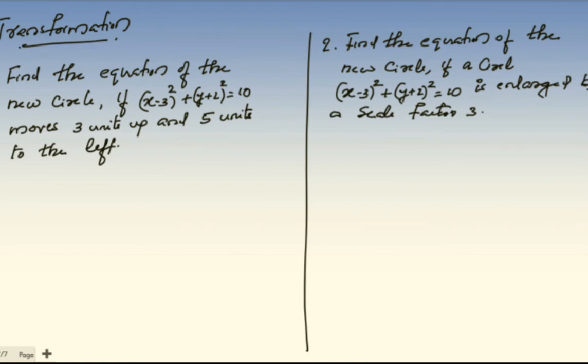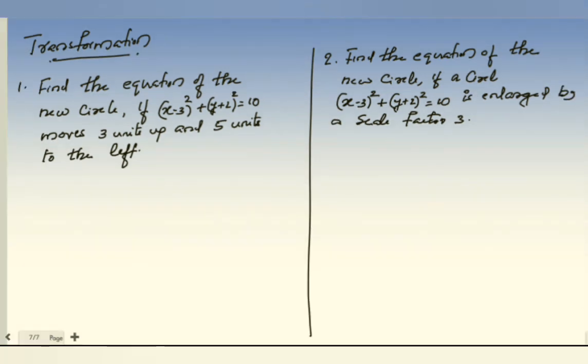So question number 1, we can see the center of the circle. Let me write the center. The center of the circle is 3, minus 2. When it comes to a transformation, especially translation, reflection and rotation, you have to do the necessary changes.